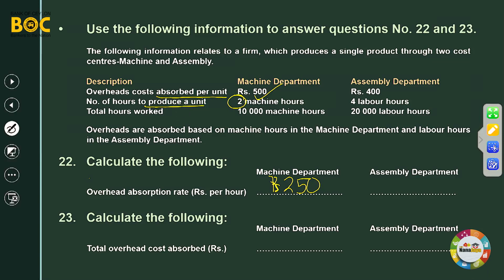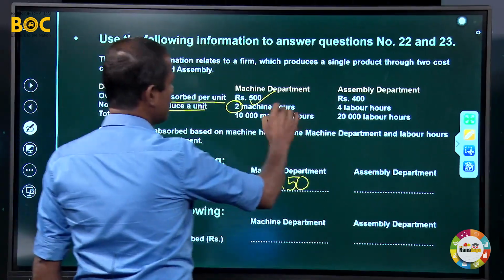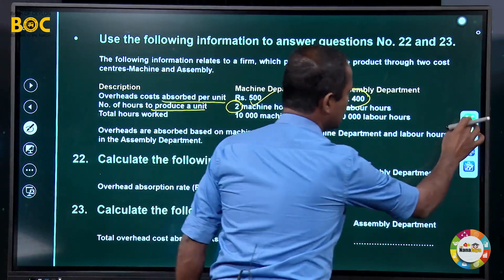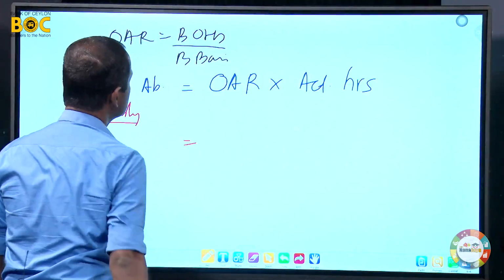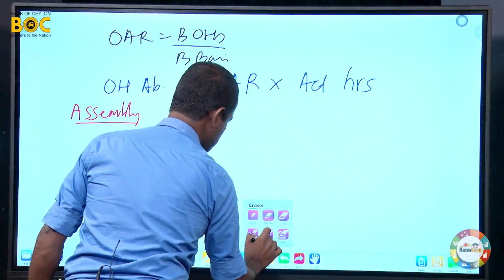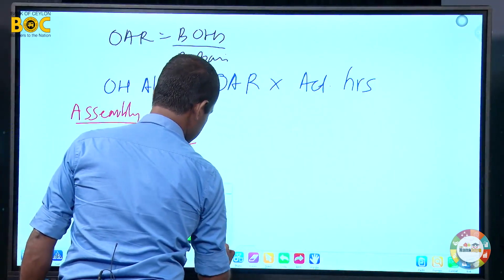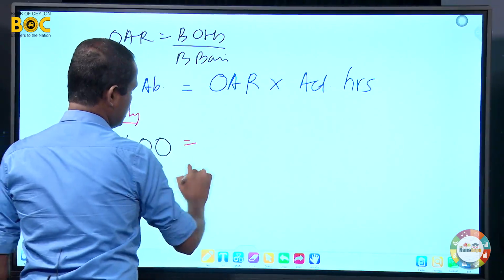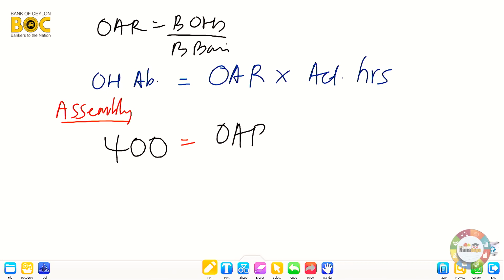In the assembly department, how much is the absorption rate? Overhead absorbed per unit is 400 rupees. 400 rupees equals the overhead absorption rate we are calculating.